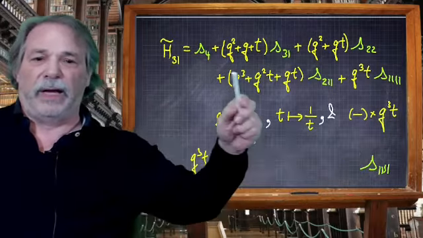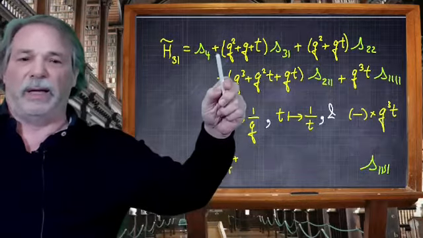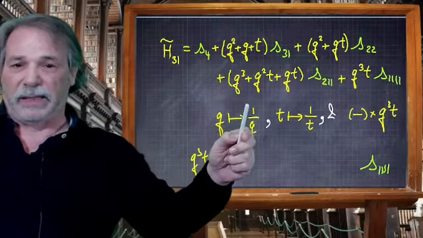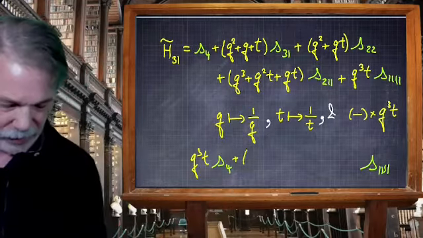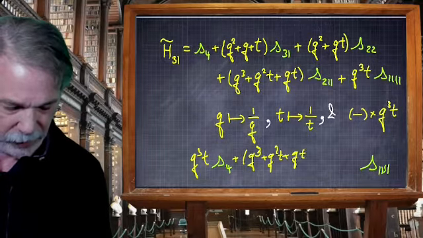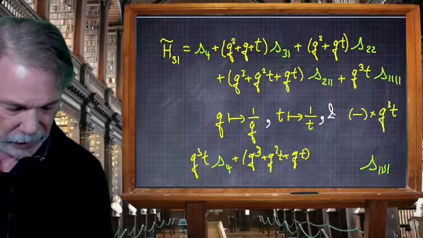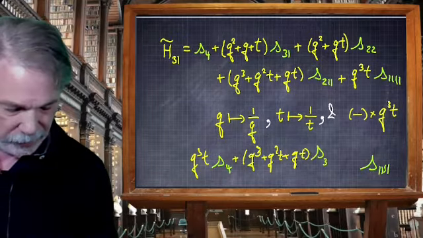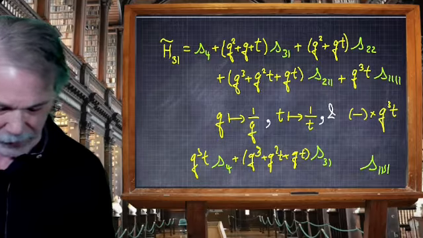And if I do it, what I get is precisely this one here. So I'll get q cubed plus q squared t plus q t, times s31, plus other terms.